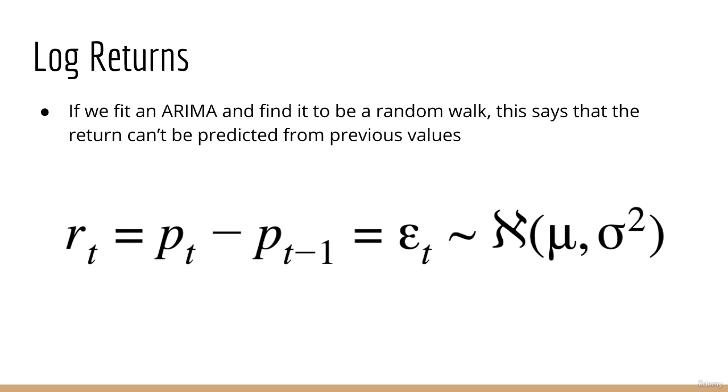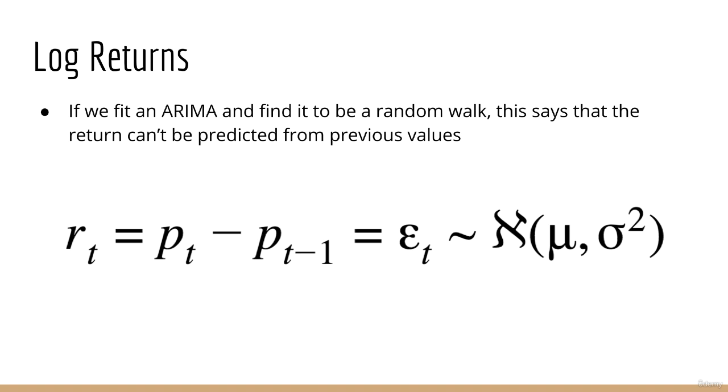Another way to view this, if we think about financial quantities, is this. Suppose our dataset is a time series of log prices. Then the first difference is the log return. A random walk says the log return is just epsilon t, the noise. What this tells us is that there is nothing about the log return that is predictable, except for the expected value of the noise.